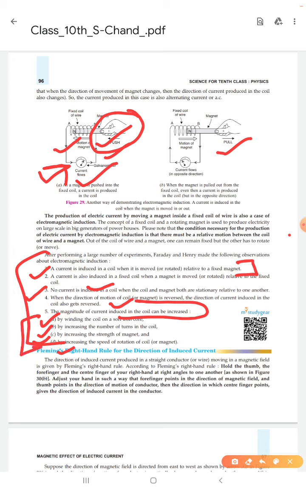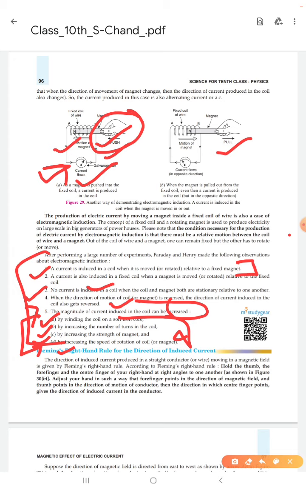So these four factors are important, and we can manage the current by these four factors.